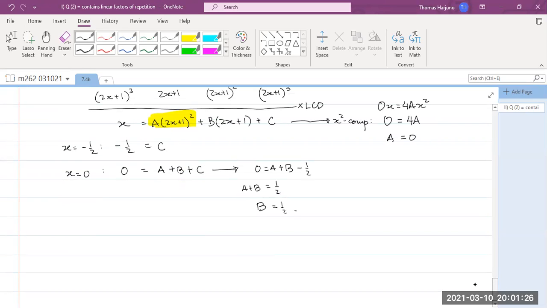Now looking back, the integral of x over (2x plus 1) cubed dx is equal to the integral from 0 to 1. The a component is 0, but let me just write it down so that we are all happy. The b is 1/2.